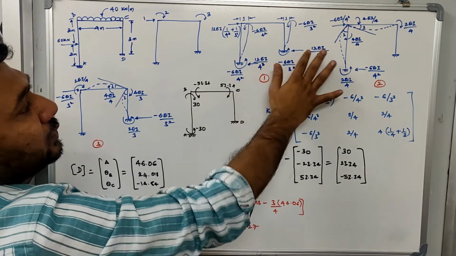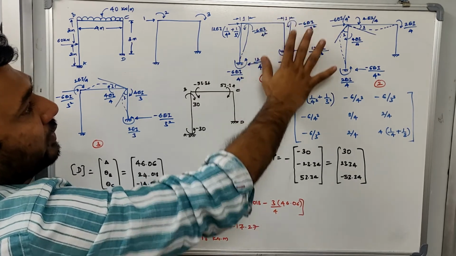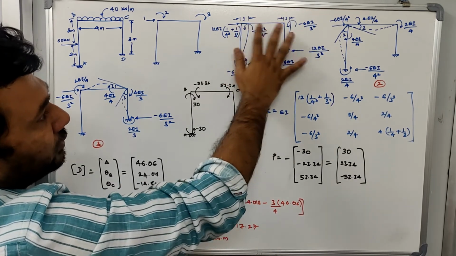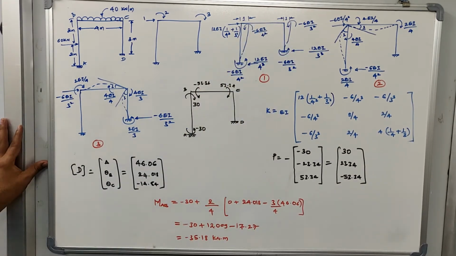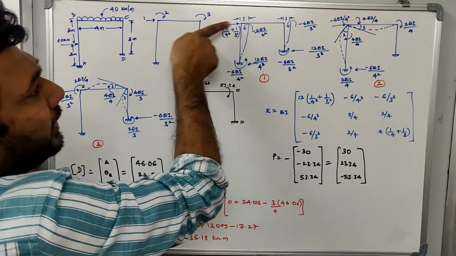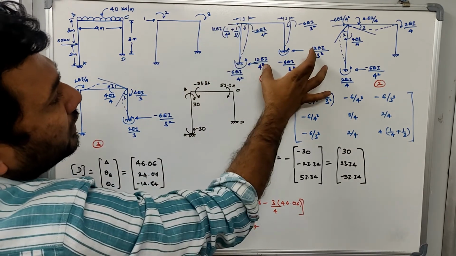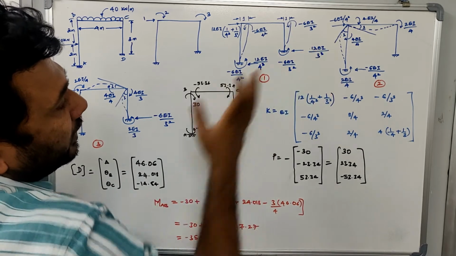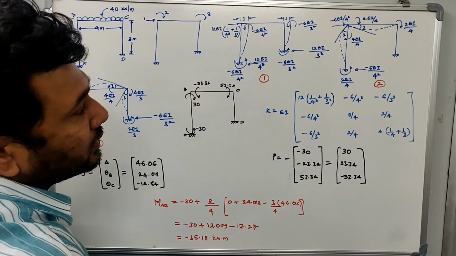Once you solve all the reactions and determine all the moments created because of the unit displacement, the force to be applied here will be equivalent to the sum of these two reactions, considering the summation of horizontal force equal to 0.